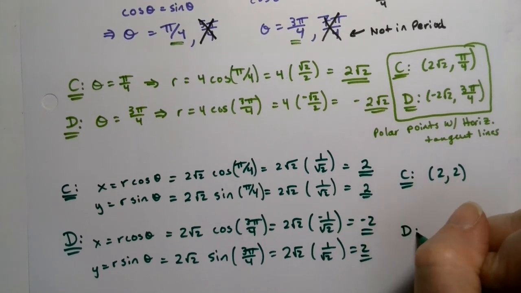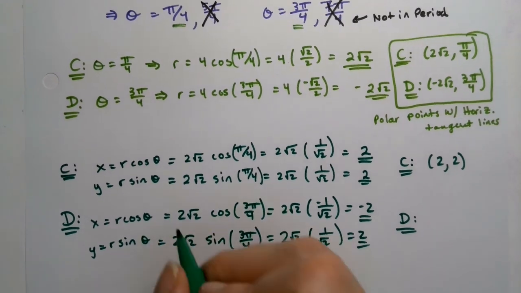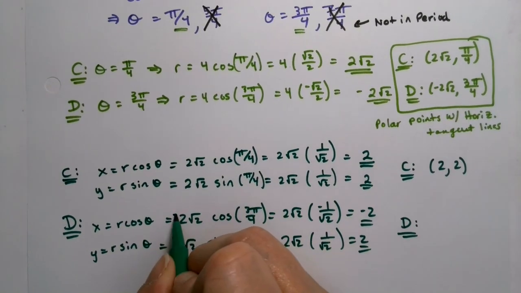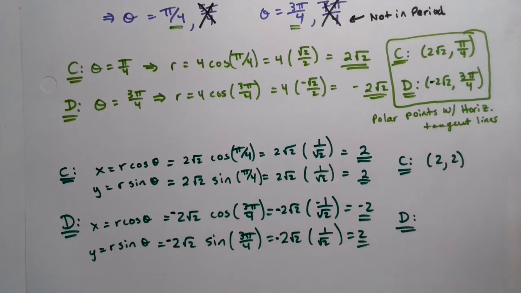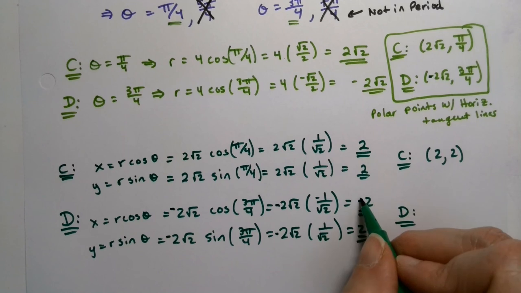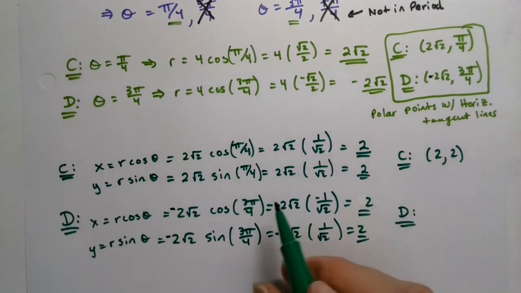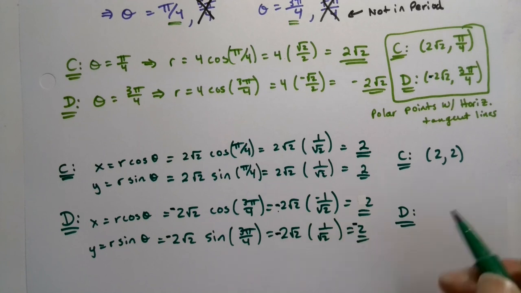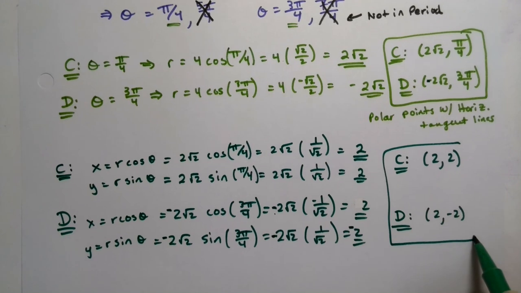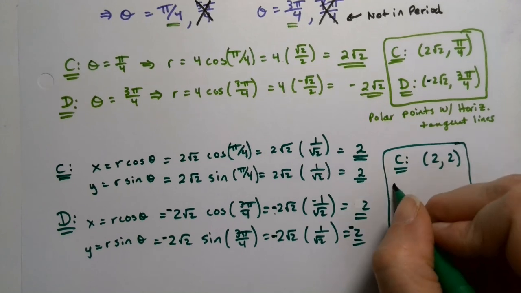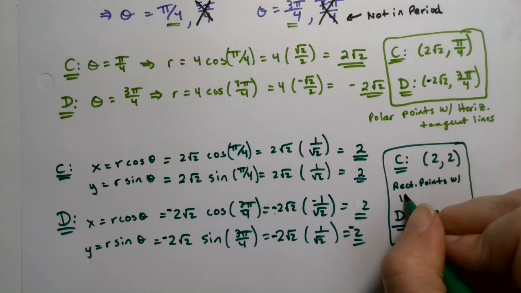So letter D is, whoops, I messed up, sorry. D, of course, had a negative, my bad. So it's negative 2 square root of 2, negative 2 square root of 2, because D had a negative in it. So that makes this one positive, because it's negative times a negative, which is positive. This one is negative, sorry. So it's 2, negative 2. So these right here are the rectangular points with a horizontal tangent.